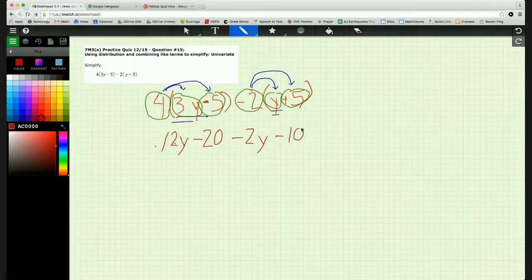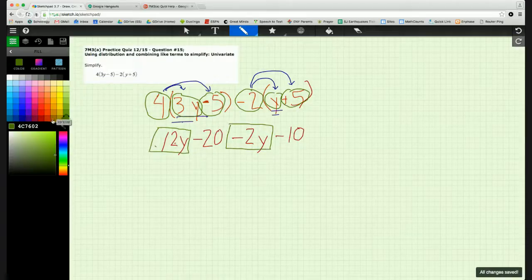If you don't know why, you can ask me. These are the basic building blocks of our combining like terms and distribution, our ability to multiply numbers times monomials. Okay. Now I'm going to go back to my green, and we're going to box our like terms. Our like terms here are the y variables with their coefficients, and then our negative 2y.